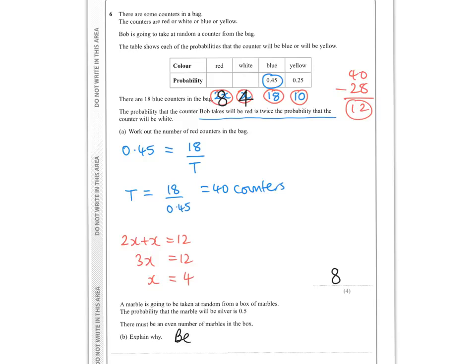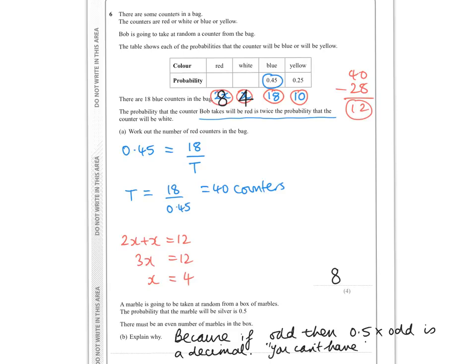Well, I would say something like, because if odd, then 0.5 times odd is a decimal, and something along the lines of you can't have half a marble in the box.